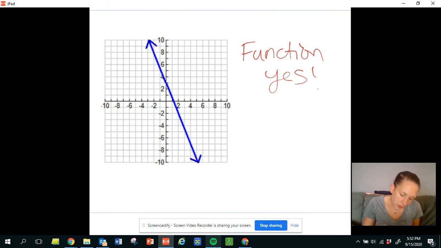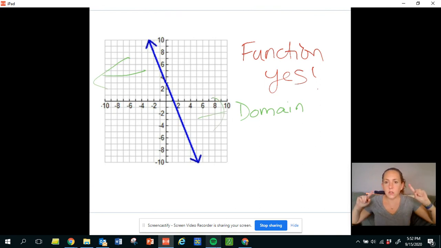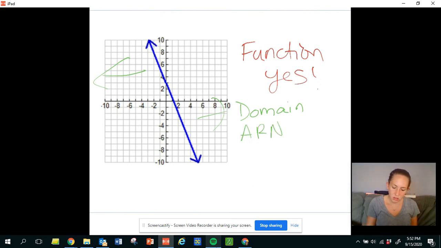Anyway. So for domain, we got to think about it in the context of x's. From left to right, going this way and this way, it is going forever in both directions, left to right. So I'm going to say all real numbers. I'm just going to write ARN in parentheses.